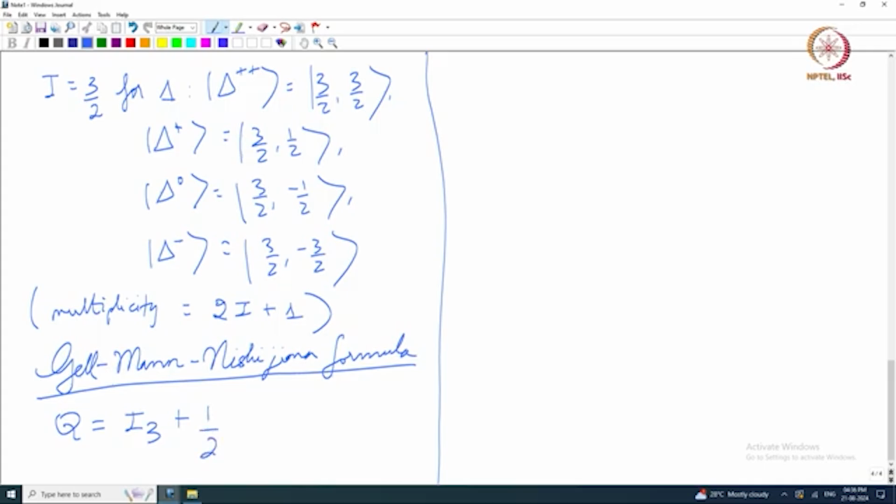In fact, this is how you assign isospin also sometimes, plus half baryon number, okay, plus the strangeness. So, this is baryon number and this is strangeness.